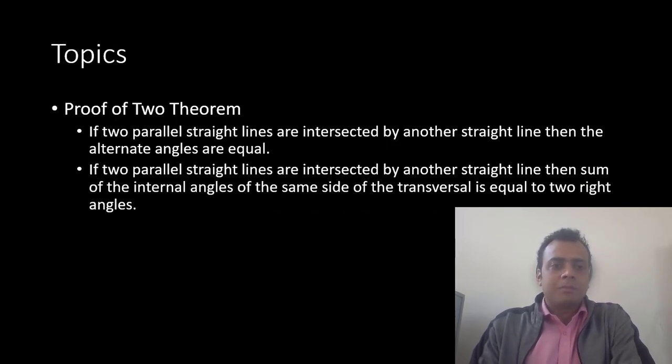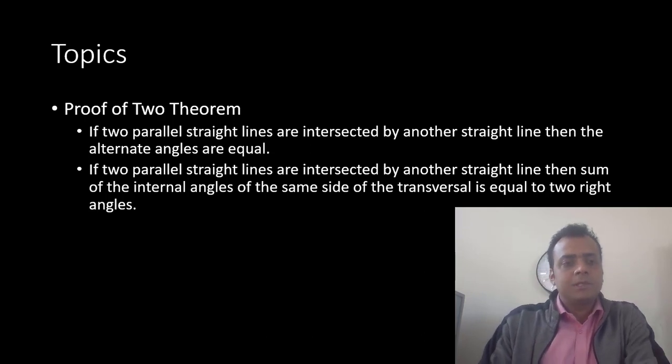So, the topics of this class are the proofs of two theorems. If two parallel straight lines are intersected by another straight line, then the alternate angles are equal.